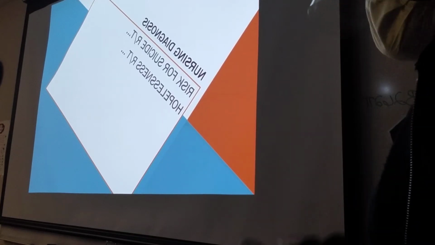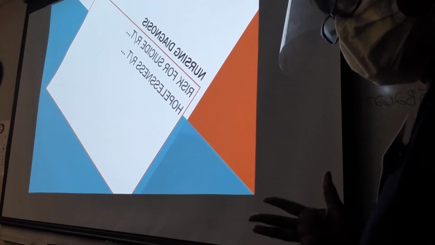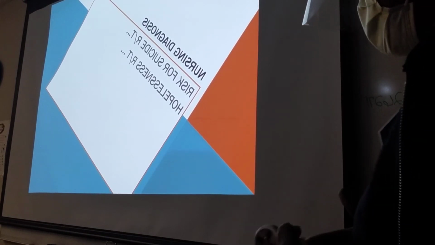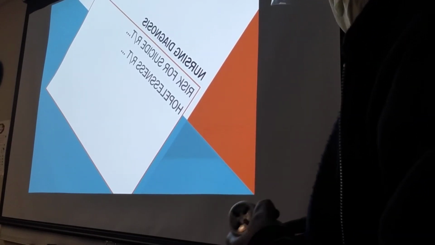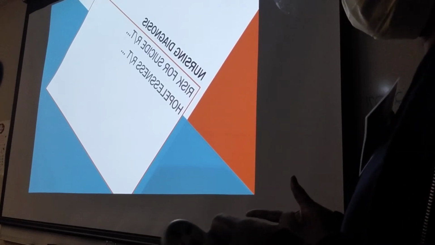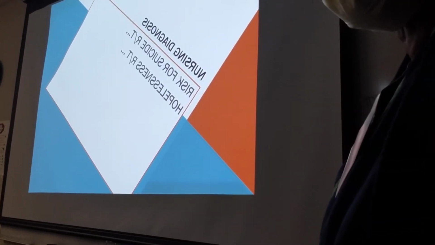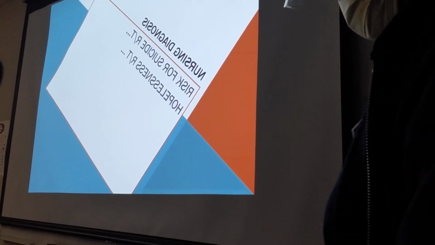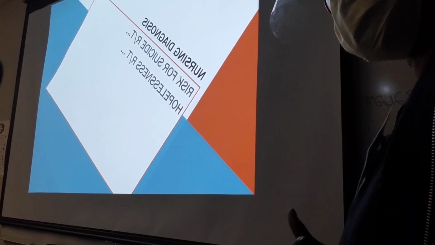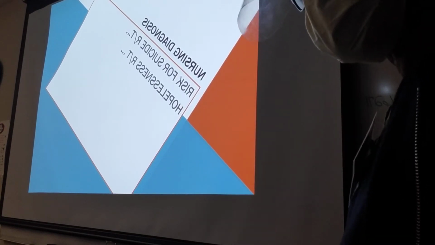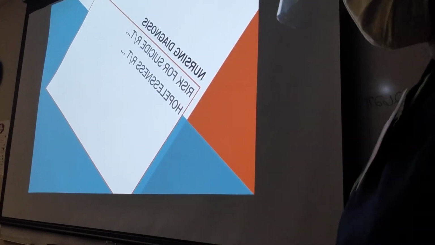Risk for suicide related to hopelessness. A lot of our risk factors that we're working with. Hopelessness could be related to a serious loss. A lot of times when we go back, your marital status is divorced, widowed, because this caused a drastic life change and they weren't able to cope with that.